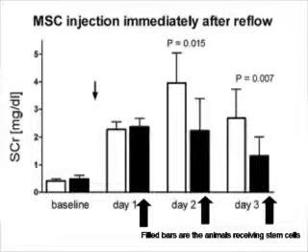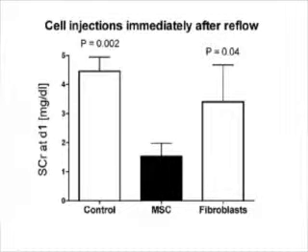Now you might ask, is this something specific to mesenchymal stem cells, or can any other cell mediate such a protective effect? So, in the next series of experiments, the authors compared, using the same model, kidney occlusion, injection of 1 million mesenchymal stem cells, which is in the middle, and 1 million fibroblasts, which are the control cells.